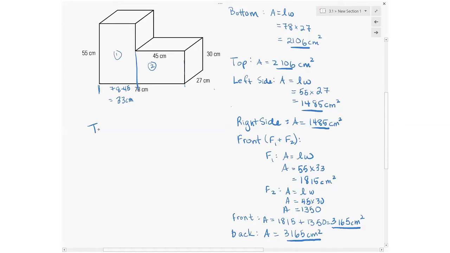The total area is going to be 2,106 plus 2,106 plus 1,485 plus 1,485 plus 3,165 plus 3,165, and I get 13,512 square centimeters. So there is your final answer.